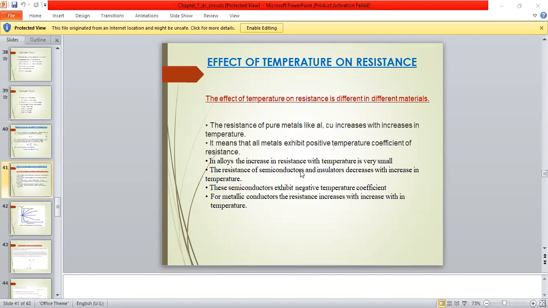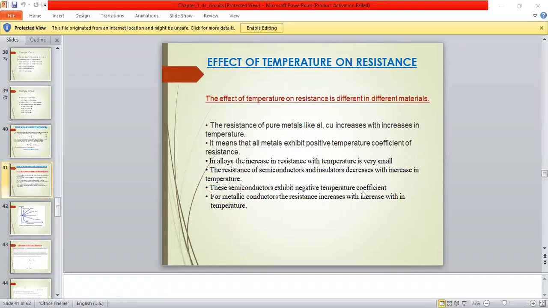ठीक है, इन दो तरह के materials में, semiconductors and insulators, the resistance decreases with increase in temperature. Okay, next is these semiconductors exhibit negative temperature coefficient of resistance.